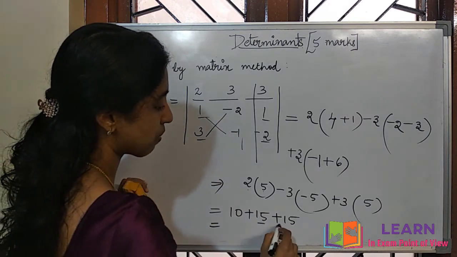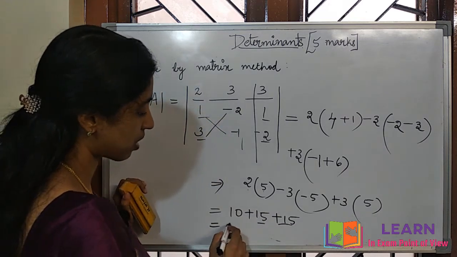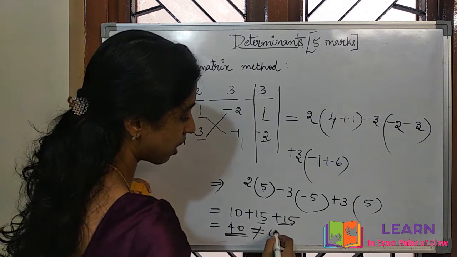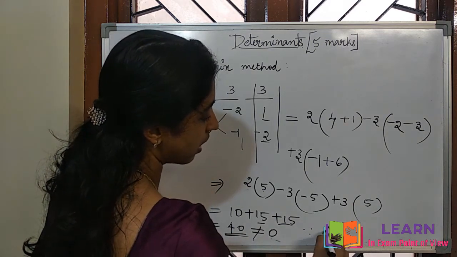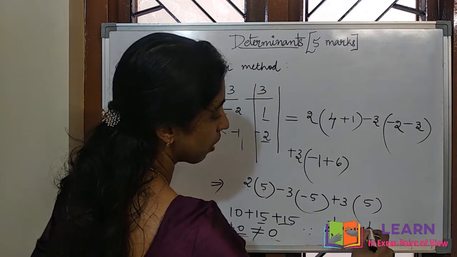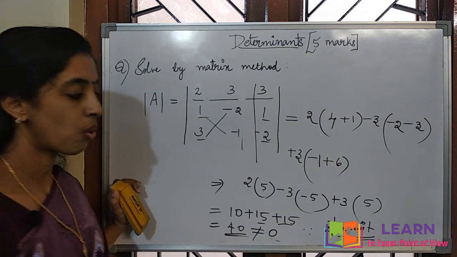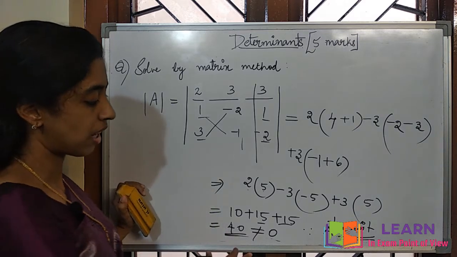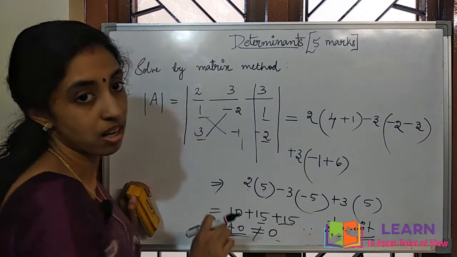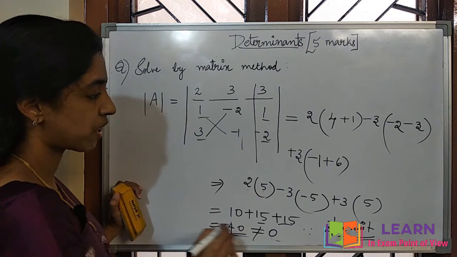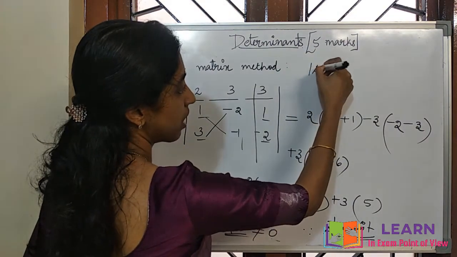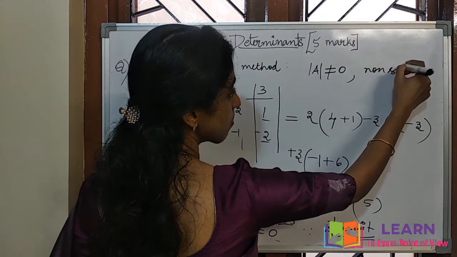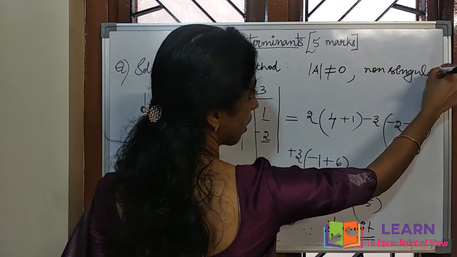So 15 plus 15 is 30, and 30 plus 10 is 40. The determinant is 40, which is not equal to 0. Therefore you have to write that A inverse exists. So the second step is completed. We have found that A inverse exists because determinant A is not equal to 0. Therefore it is a non-singular matrix and A inverse exists.